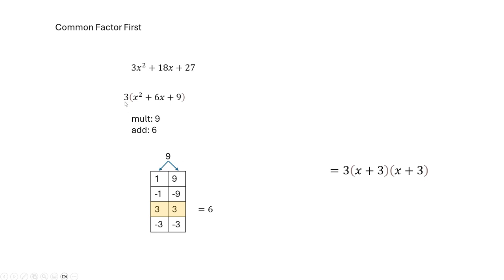Once again, we start by taking our greatest common factor, we write it on the outside, and then we write our two terms, which were both 3 in this case, x plus 3, x plus 3. So this is the fully factored form of 3x squared plus 18x plus 27.